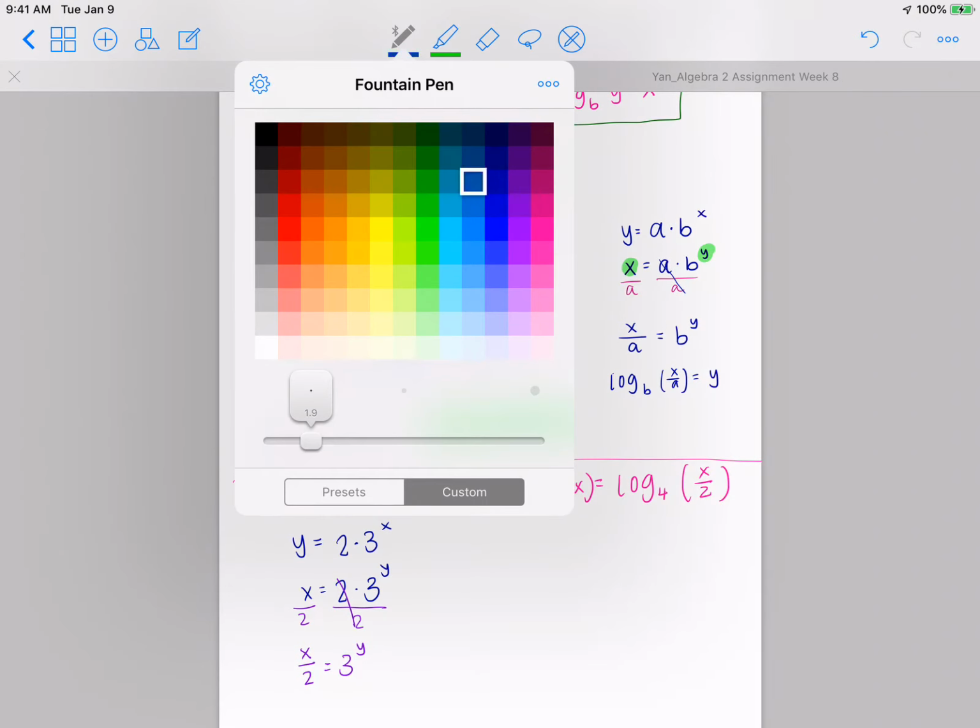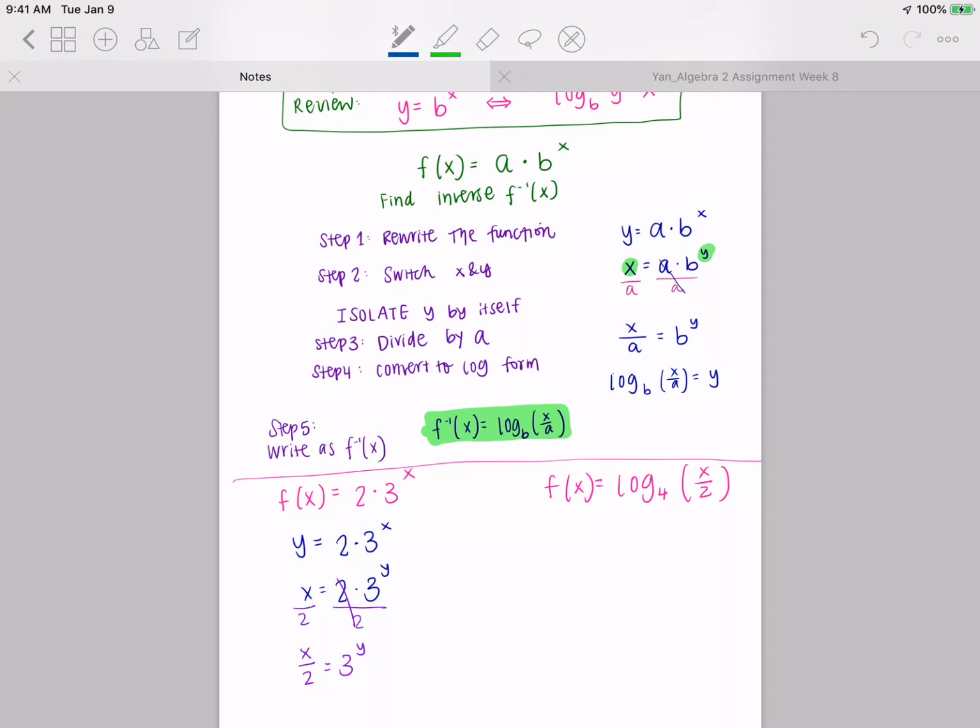And to finish writing our answer, we use log base 3 of x over 2 equals y. So the final answer is f inverse of x equals log base 3 of x over 2.